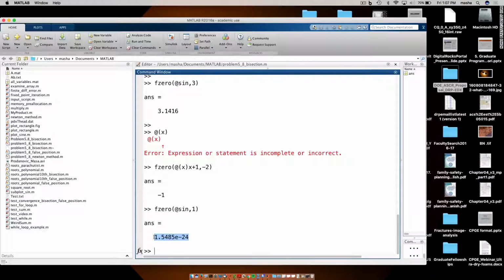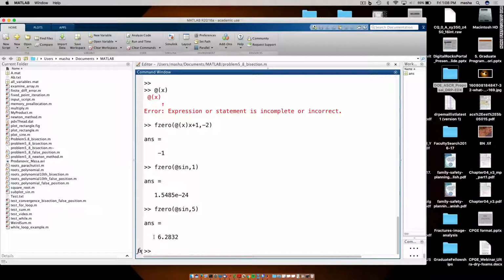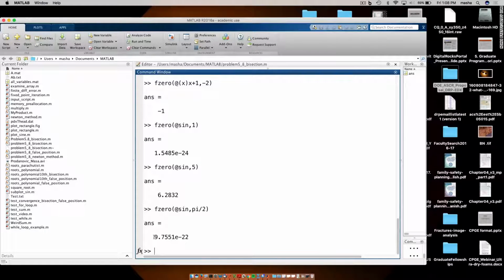I'm typically looking for the closest root. So if I did 5 instead of 1, then we just go to 2 pi. Now somewhere in between, this one went to 0 effectively, pi over 2. Now let's try this.